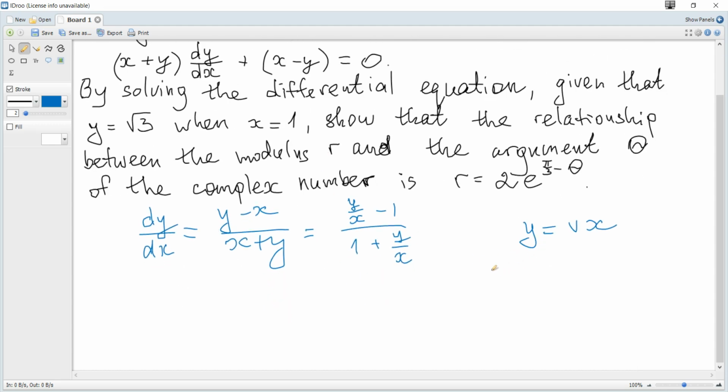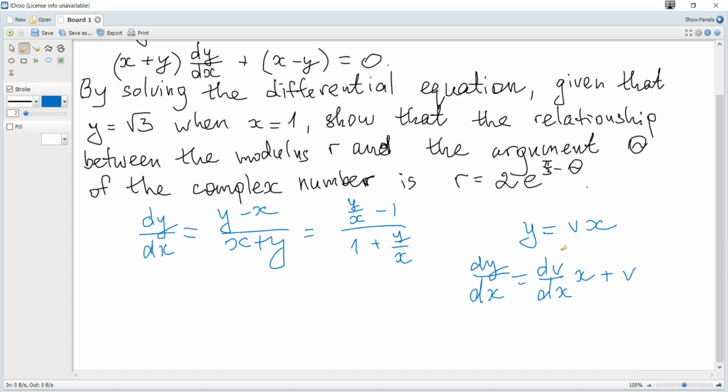So we need dy dx, and y is vx, where v is a function of x, and hence we apply implicit differentiation. We can see that it's a product, so we also apply the product rule. It becomes derivative of v, so it's dv over dx times just x, plus v times the derivative of x with respect to x, which is just 1. So it's just the product rule.